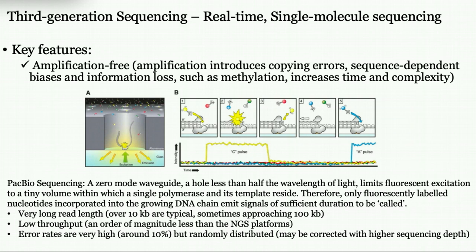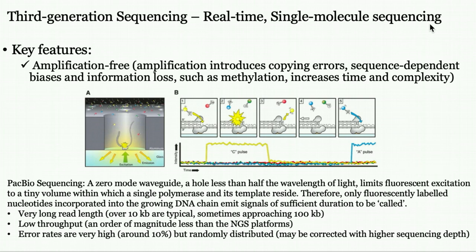So we are going to introduce two major sequencing technologies. The first one is called PacBio sequencing. PacBio sequencing is a unique technology. It has a physical structure called zero mode waveguide.